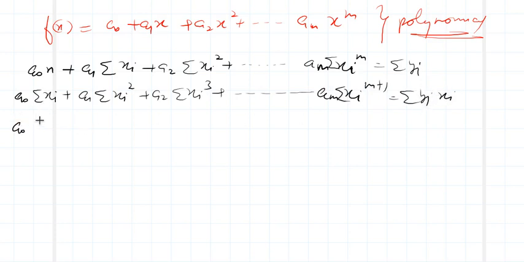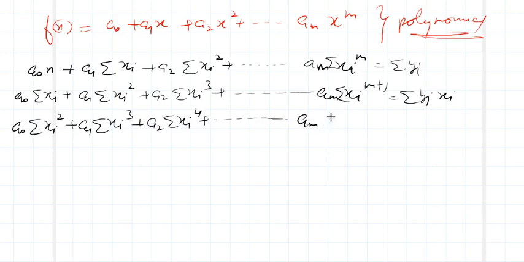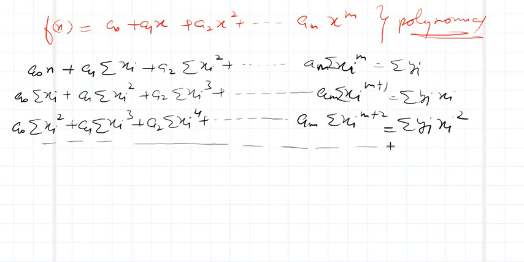And here a naught summation xi square plus a1 summation xi cube plus a2 summation xi raised to power 4 and so on, plus am summation xi raised to power m plus 2, is equal to summation yi xi square. We keep on doing in this manner. In the last we get a naught summation xi raised to power m and so on.